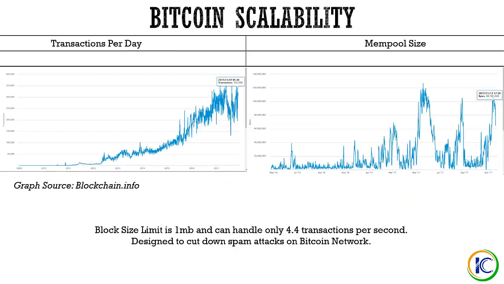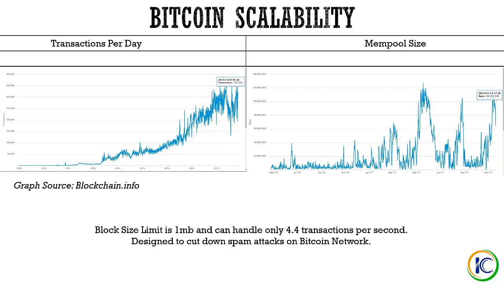Now if you look at the two graphs here, I have taken these graphs from blockchain.info. You can go ahead and check out the graphs there as well. Now if you look closely, the transactions per day have been increasing significantly year by year, and you can also see on the right hand side where I have the mempool size, the block memory of Bitcoin is 1 megabyte.